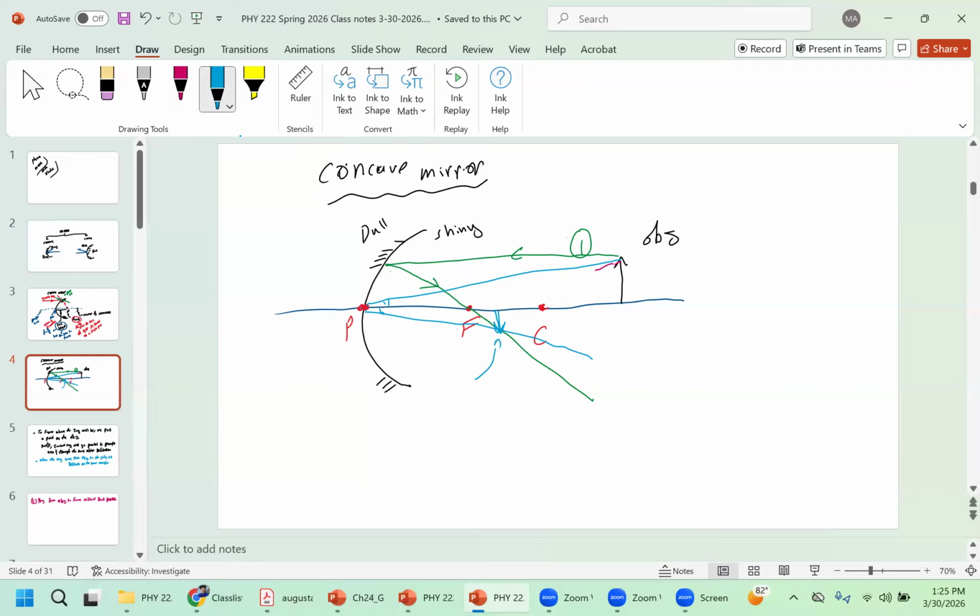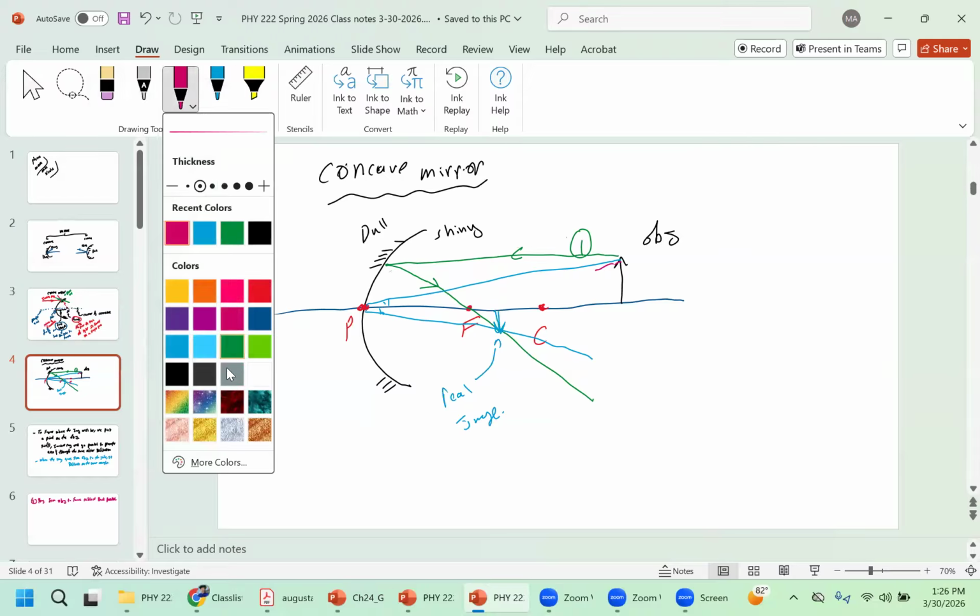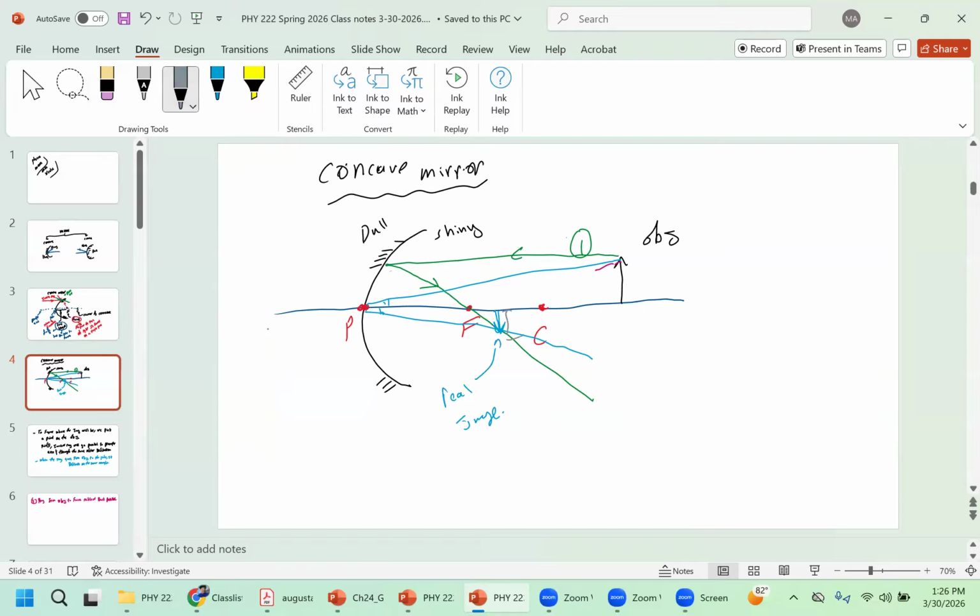This image is going to be a real image. What does that mean? That means if I put a screen there, you will see this image on the screen. Are you with me so far?